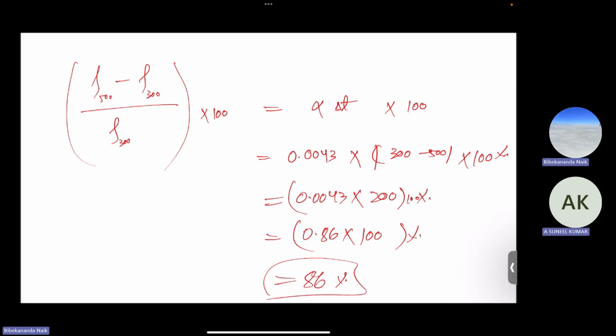That's why it has good electrical conductivity. But why at higher temperature is its conductivity reducing? As you can see, if you increase the temperature of copper from 300 Kelvin to 500 Kelvin, within this 200 Kelvin variation the resistivity is increasing by 86%. But can you say why the resistivity is increasing with temperature?